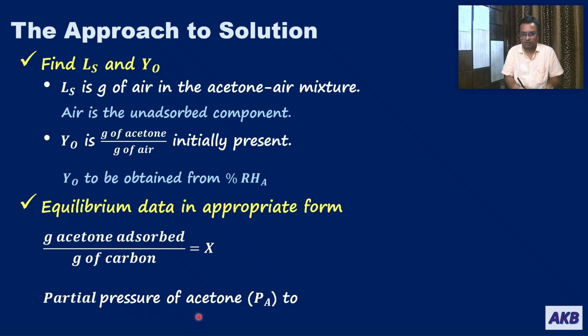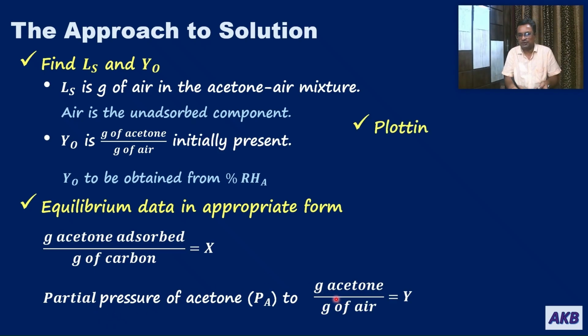I am going to denote it as PA, and we will have to convert it to gram acetone per gram of air. Gram acetone per gram of air is nothing but capital Y, which is weight fraction of acetone in its mixture with air on acetone free basis. So the only task is we will have to convert the partial pressures of acetone to capital Y. So we will do that.